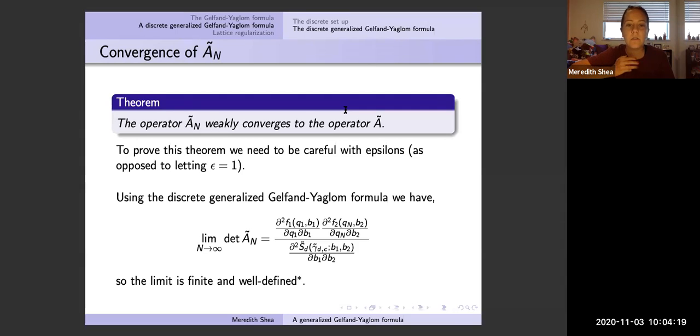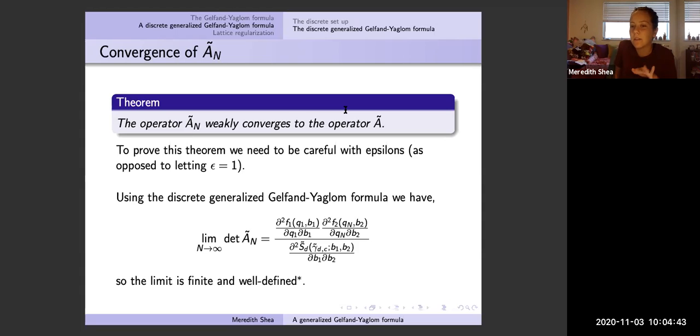And we can use our discrete generalized Gelfand-Yaglom formula to write out the limit of the determinant in this nice manner. Everything on the right-hand side here is finite and well-defined with an asterisk. So that tells me that the limit of the determinant is also finite and well-defined.